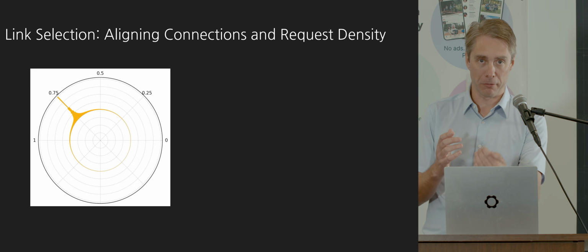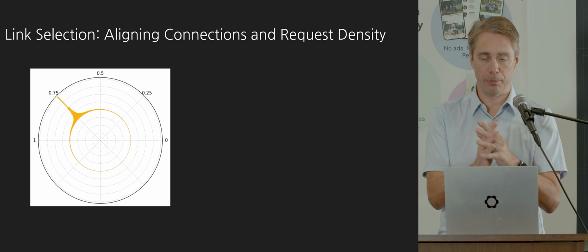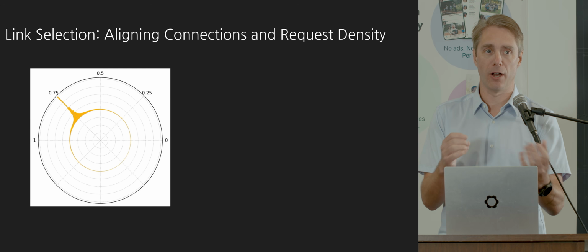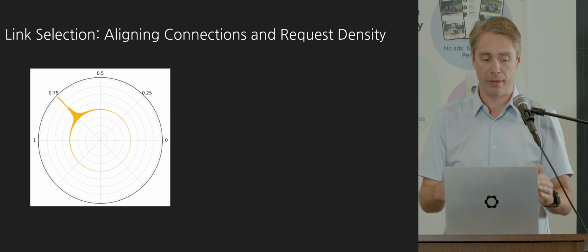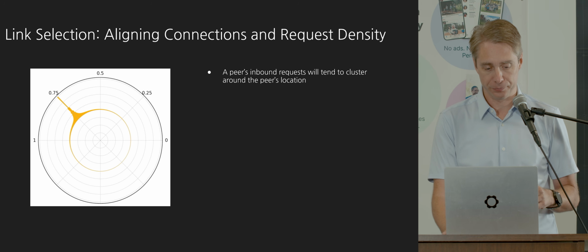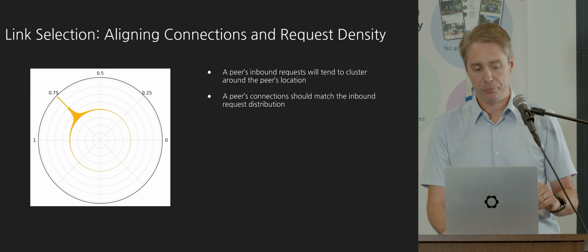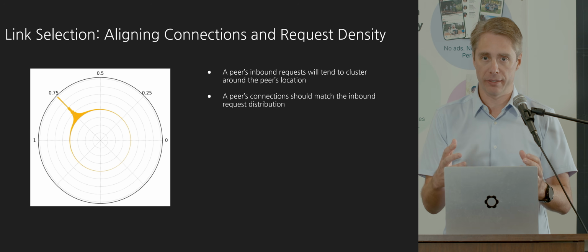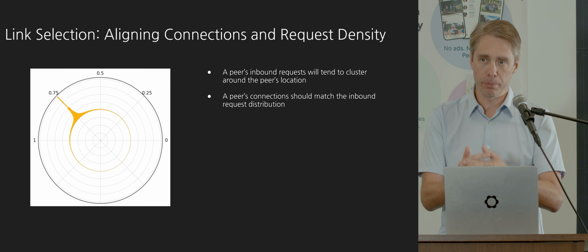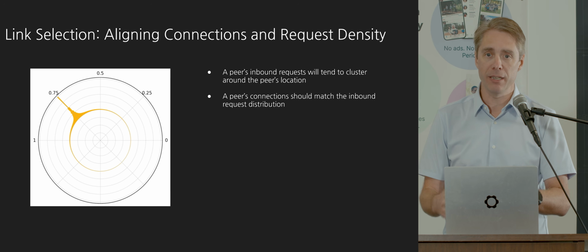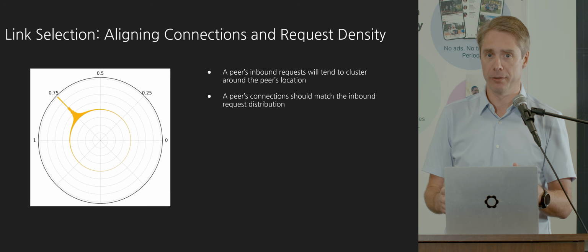Because peers are routing requests to the peer that is closest to those requests, if you draw a graph of the requests being received by a peer, they will tend to cluster around that peer's location. What we want in terms of a peer's connectivity is for the distribution of connected peers to roughly match the distribution of inbound requests that the peer is receiving.